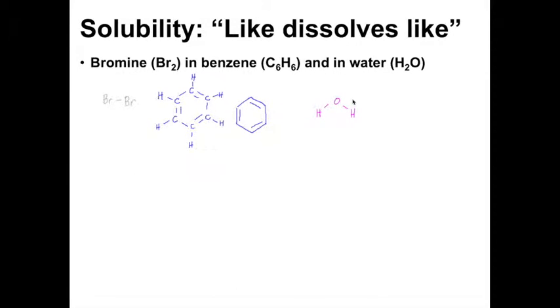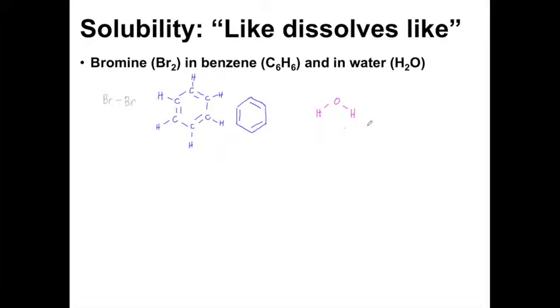So now we need to identify whether each molecule is polar or non-polar. So bromine, diatomic bromine, is non-polar, okay? Because we have a zero difference in electronegativity. For benzene, obviously it's also non-polar because it's symmetric.